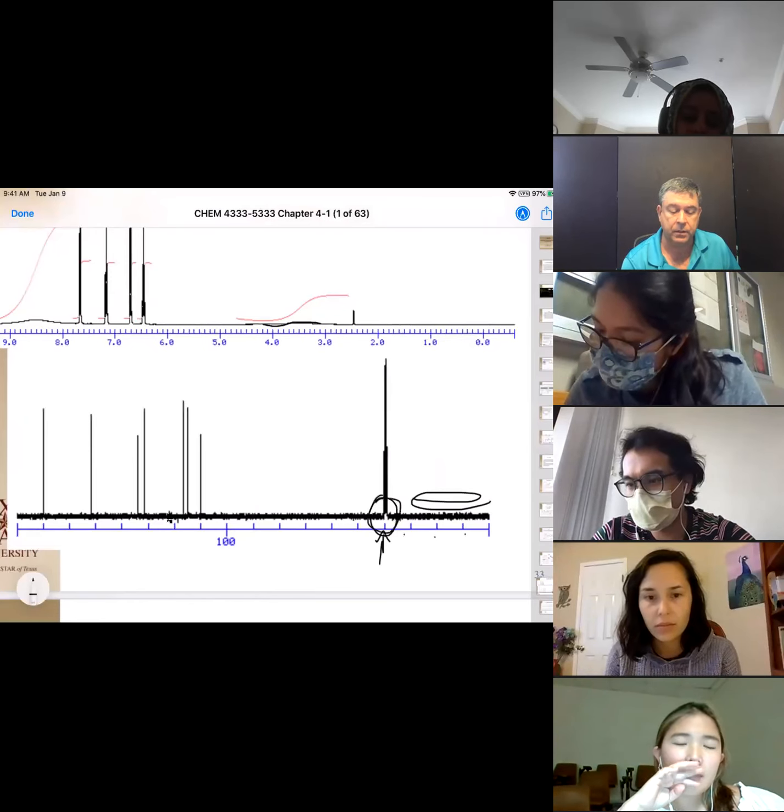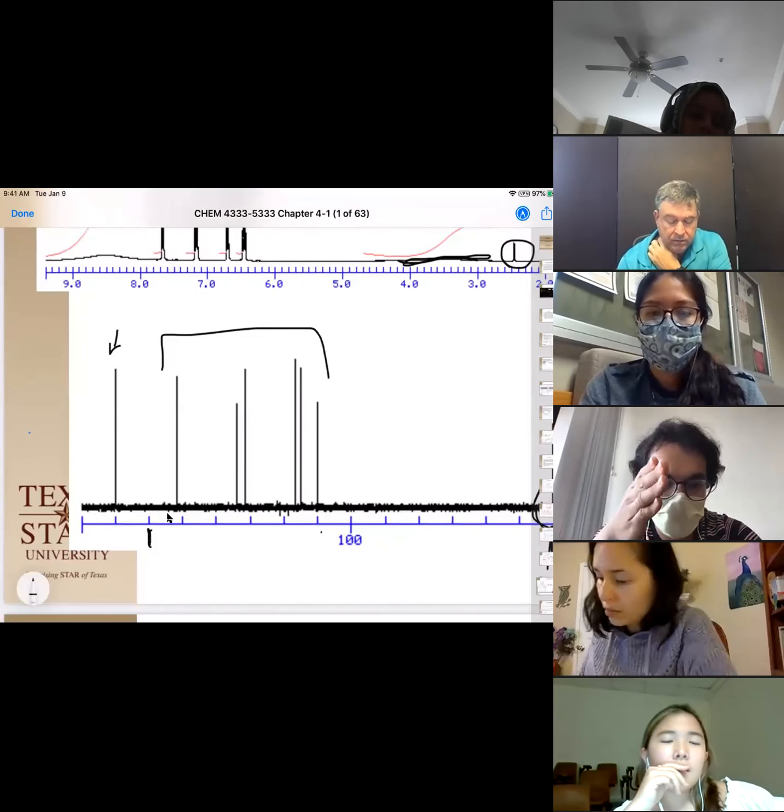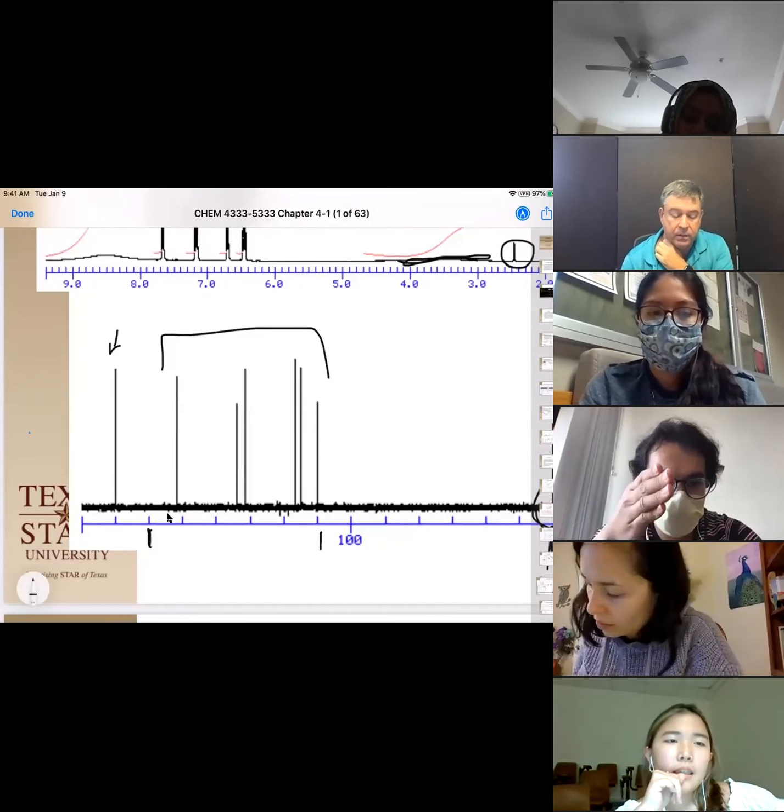So we have no aliphatics, so let's look at what we have. It looks like we probably have aromatic in this range, but this is a little low for aromatic, because remember, aromatic goes up to about 180 or 185, and this is all the way down to, oh gosh, 110. So this is definitely our C double bond C area, and we probably have a carbonyl here or something like a carbonyl.